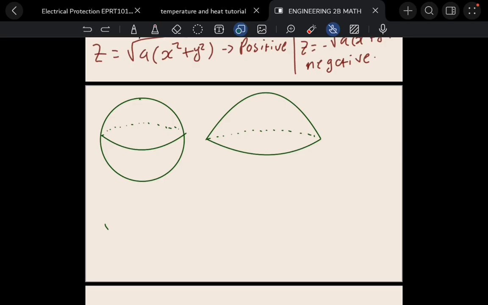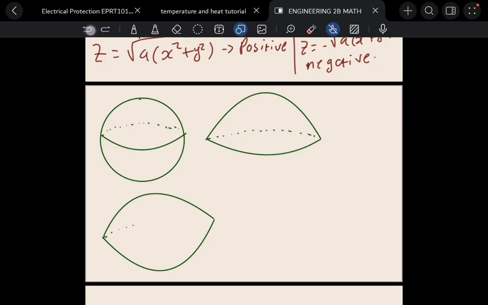I didn't draw it very well. No, it's not drawn like that, guys.